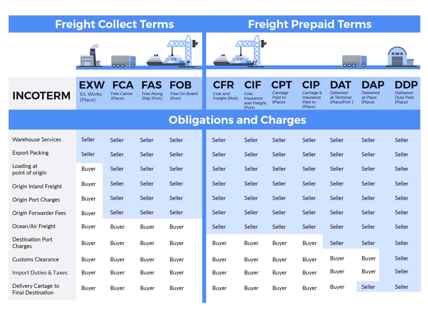If the seller agrees to pay for the sea freight, then the seller can sell the goods on CFR, CIF, CPT, or CIP Incoterms. So these terms are quite similar.